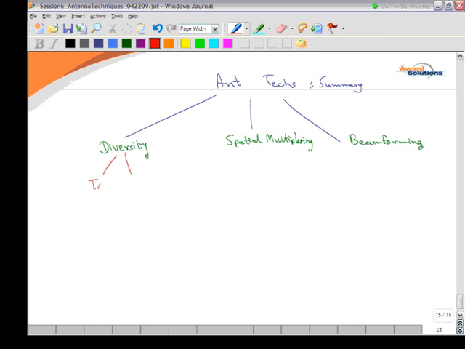Here we have transmit diversity and receive diversity, and the specific transmit diversity that we have is SFBC, space frequency block coding. So we are exploiting space diversity with frequency diversity. That is the default transmit diversity scheme available in LTE.